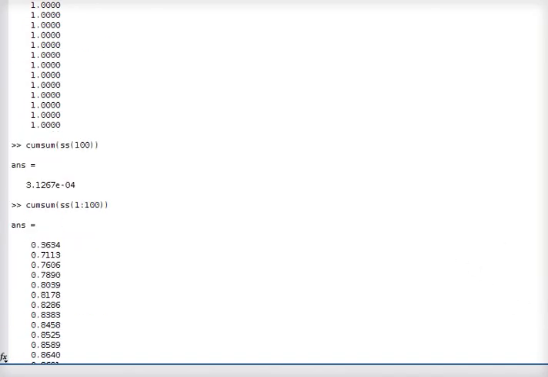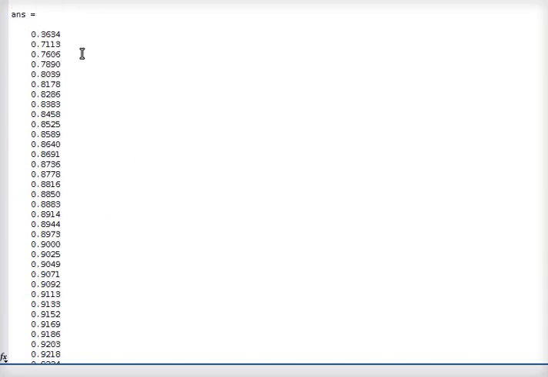So the first eigenvalue has 36% of the overall variance. The first two have 71% of the variance. So how many do you need in order to get 90%?